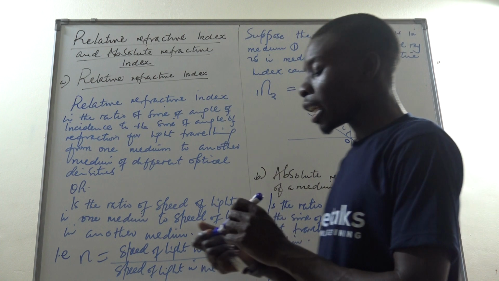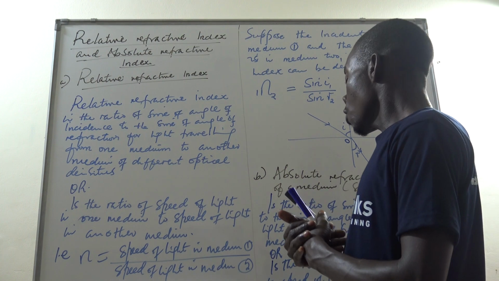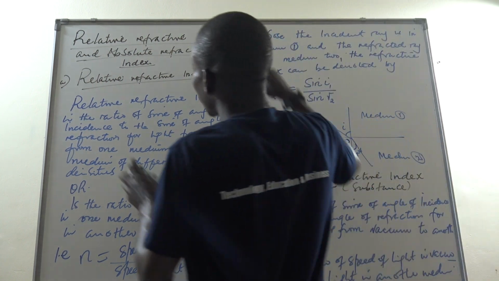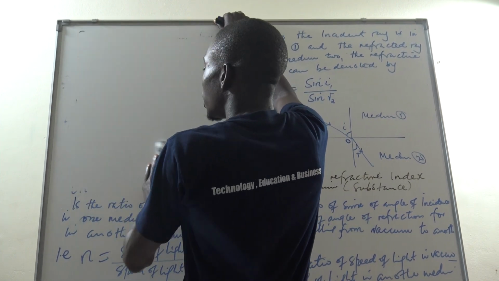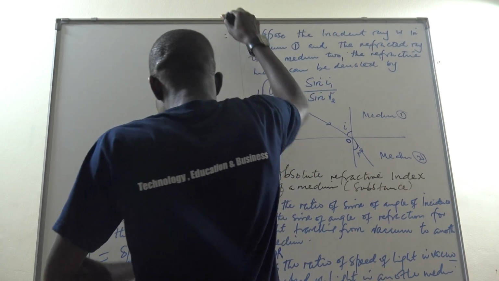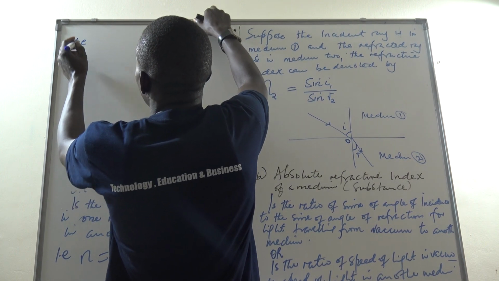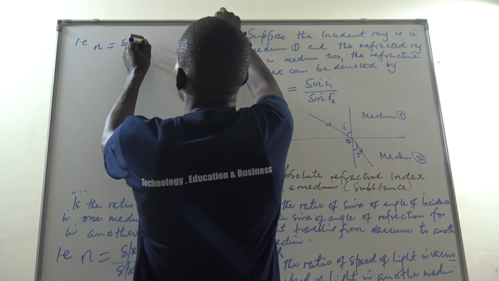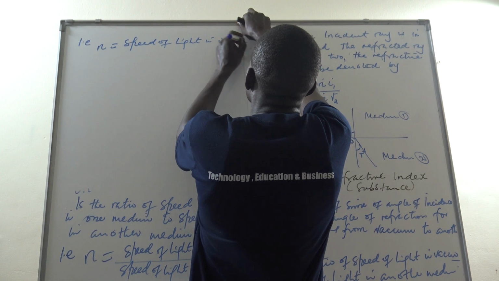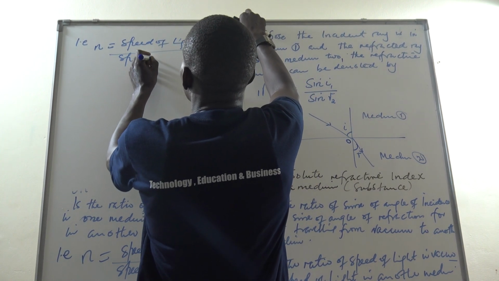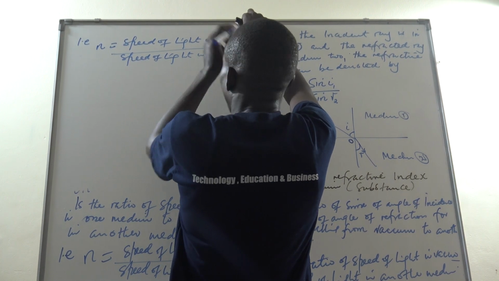So if we are talking about absolute refractive index in terms of speed, it will be speed of light in vacuum to speed of light in the second medium. So I can say n equals speed of light in vacuum divided by speed of light in the second medium.